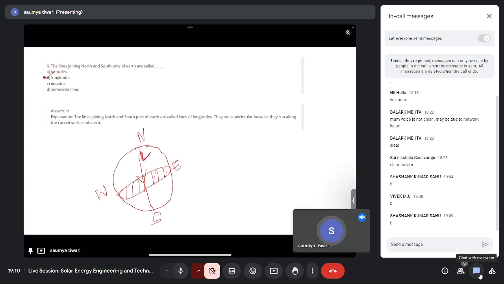These are semicircles because they run along the curved surface of the earth. These are parallel to the line passing through Greenwich, which is known as the prime meridian. So the prime meridian is also a line of longitude.